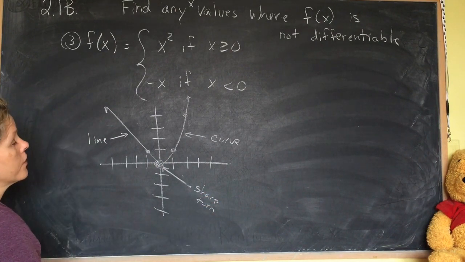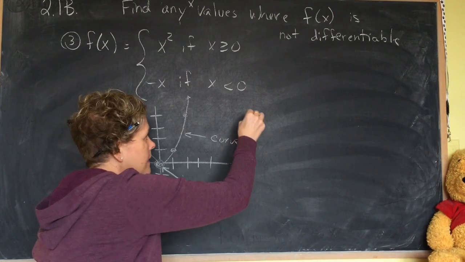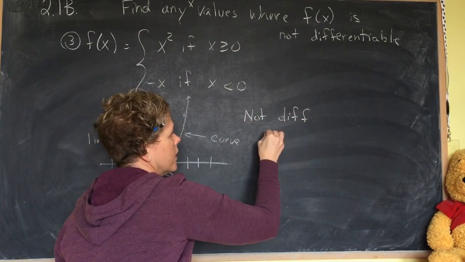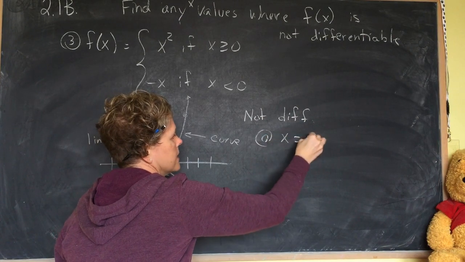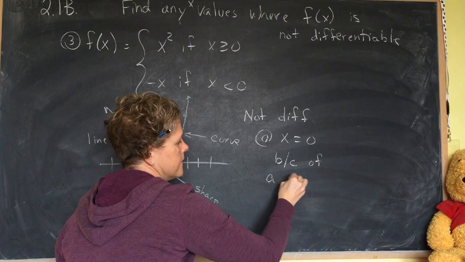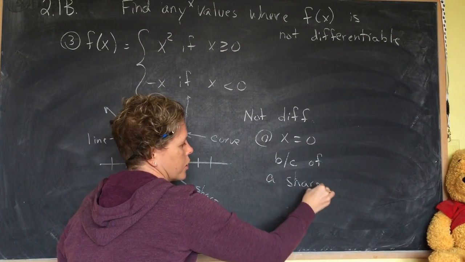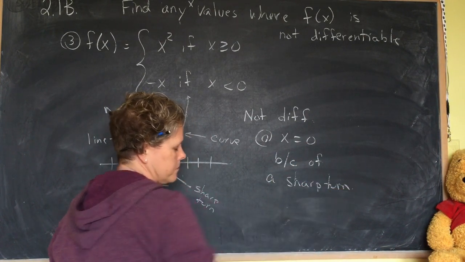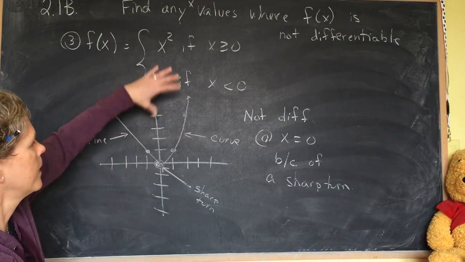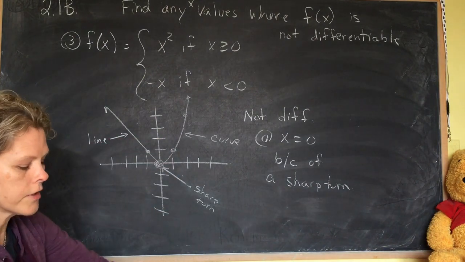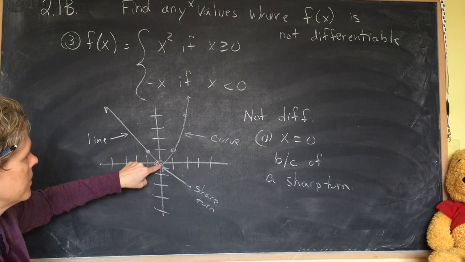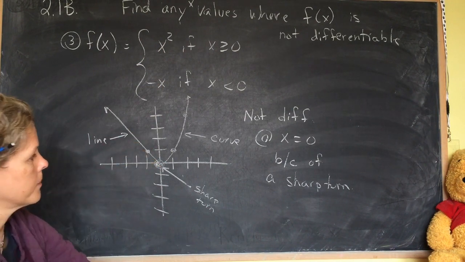So this function is not differentiable at x equals 0, and the reason is that there's a sharp turn. That's always going to be the case if you have a line and a parabola meeting up. There's going to be a sharp turn there. So you don't necessarily have to graph it as long as you can tell the meetup place, but I always graph it to make it a little bit easier on myself.